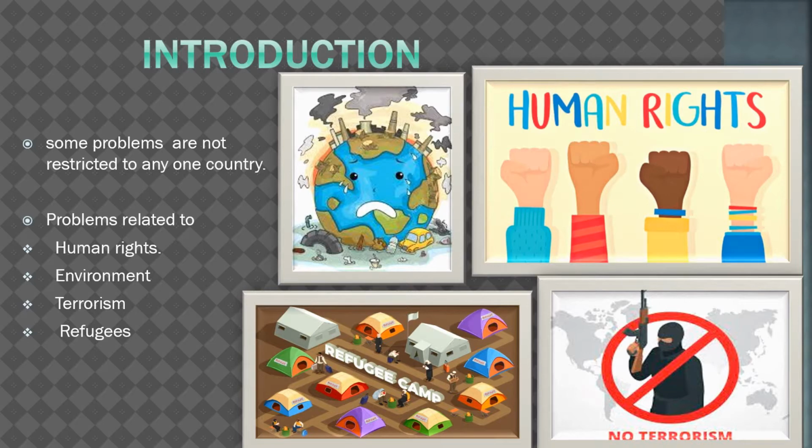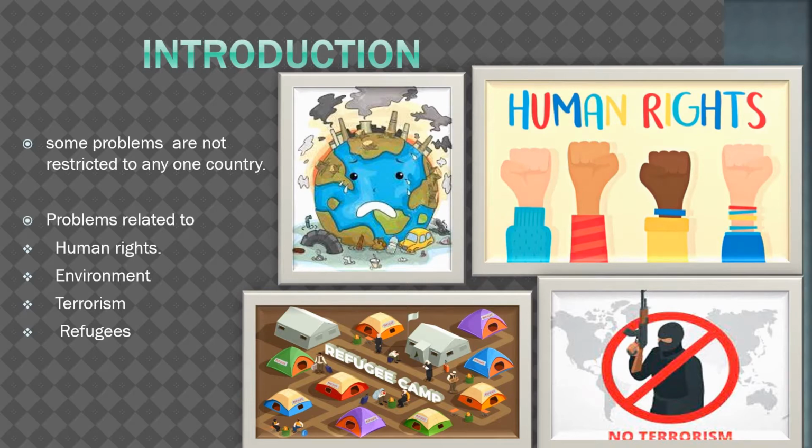Some problems are not restricted to one country. They affect many other countries and eventually all countries of the world. These problems that affect the whole world are called international problems. To solve them, all nations need to make joint efforts.